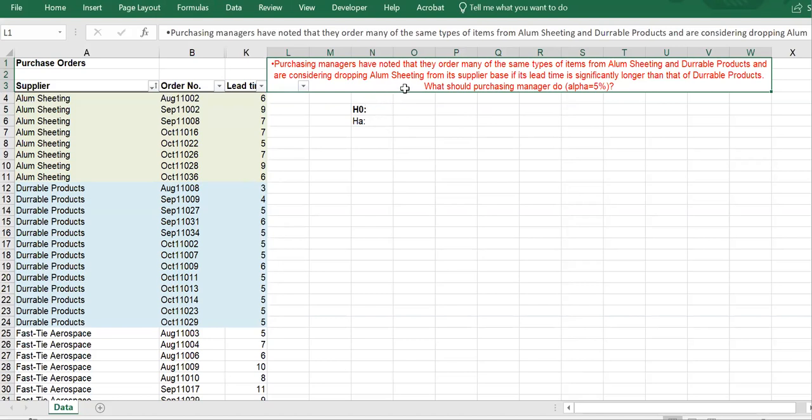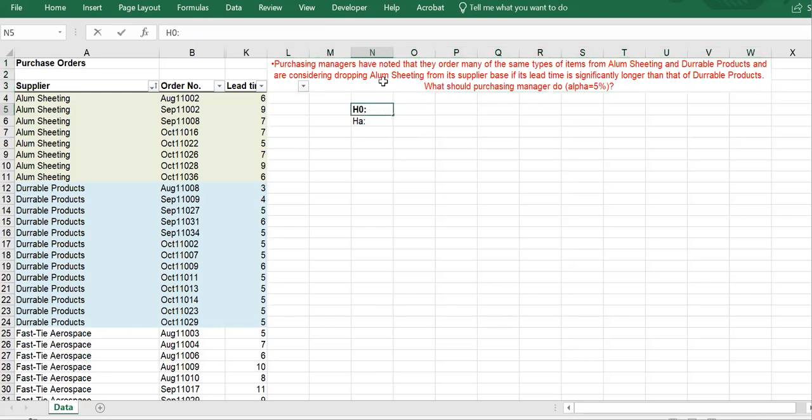Purchasing managers have noted that they order many of the same types of items from these two suppliers and are considering dropping alum sheeting from its supplier base if its lead time is significantly longer than that of durable product. So I'm going to consider alum sheeting as my first supplier.